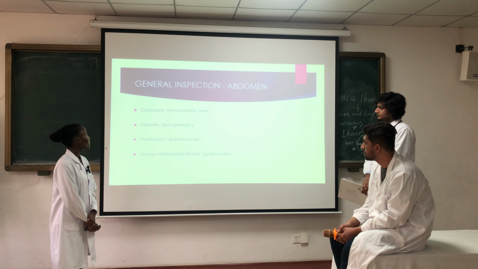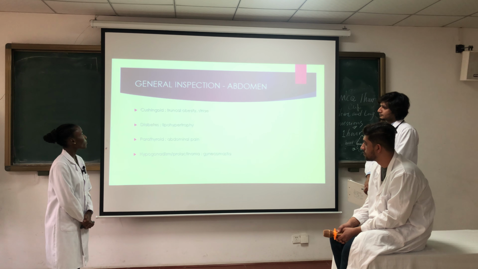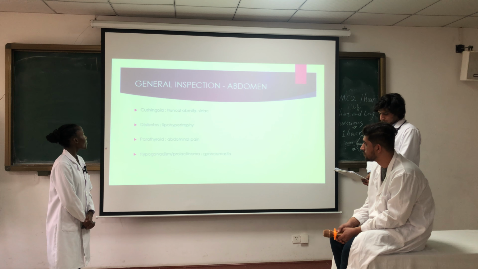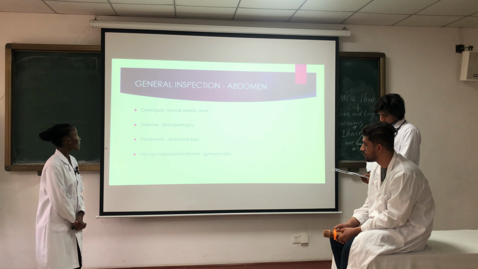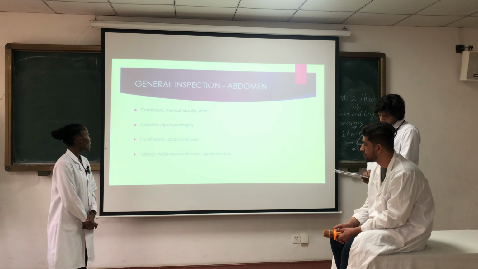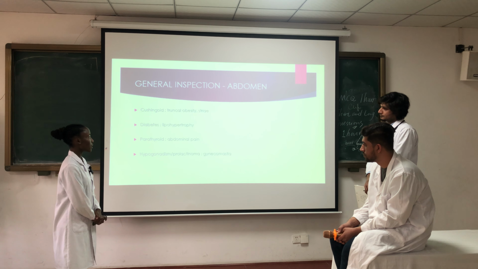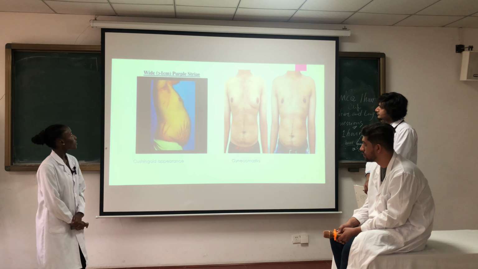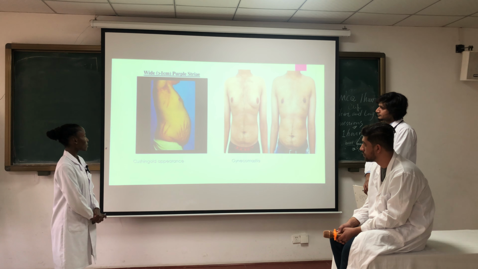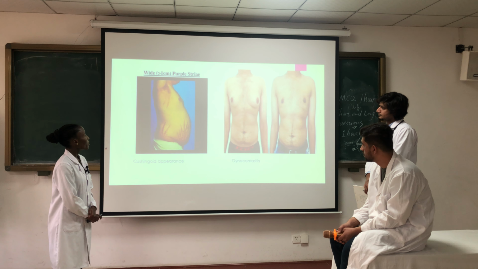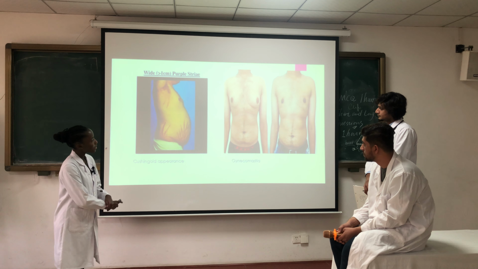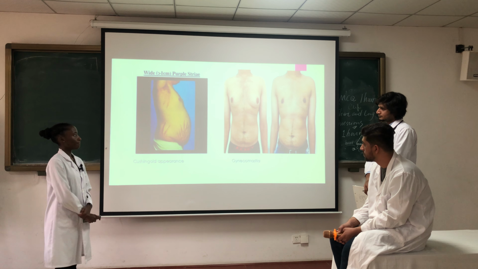General inspection of abdomen: Cushingoid, there is truncal obesity and striae. Diabetes, there is lipohypertrophy. Parathyroid, abdominal pain. Hypogonadism or prolactinoma, there is gynecomastia, seen mostly in men. These are examples of Cushingoid appearance where you see the truncal obesity and the striae, and gynecomastia where you see the breasts in men.